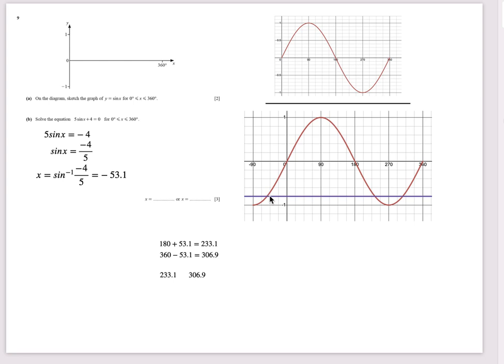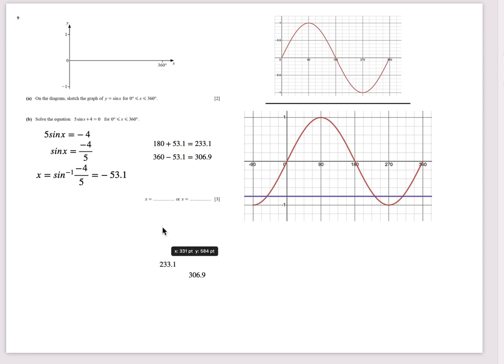Right? So what I have to do from there is recognize that this is my gap, the 53.1 that I use. But within the range 0 to 360, then that gap is there, that's 53.1. So my first solution is what I get when I add 53.1 to 180. And my second solution is what I get when I take 53.1 away from 360.